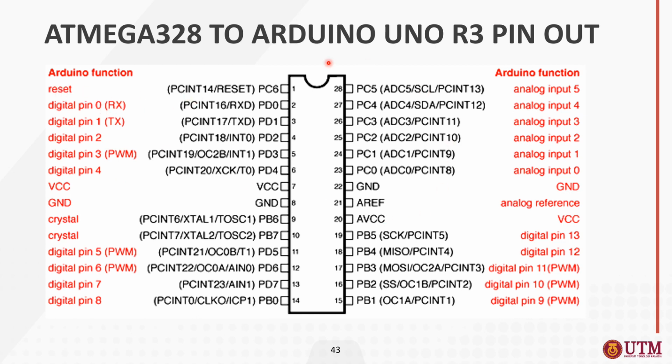So the interface is very, very direct. You can just deduce it by using the number of pins or types of pins. That is how the ATmega328 chip is mapped to your Arduino Uno R3.